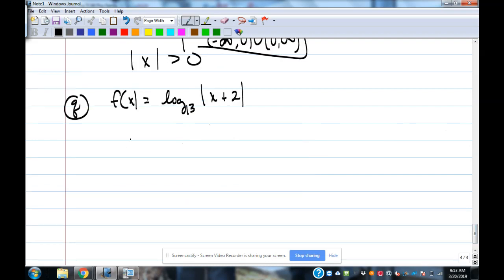When you set that up to do domain, you're saying the absolute value of x plus 2 is greater than 0. In Algebra 1, we learned that when we're solving those, you're setting up two inequalities: x plus 2 is greater than 0, or, because it's greater than, x plus 2 is less than 0.